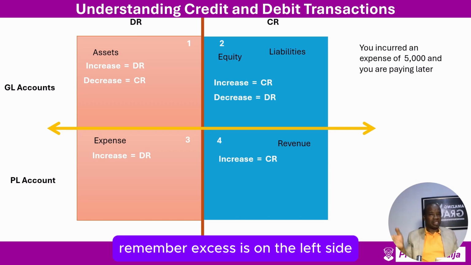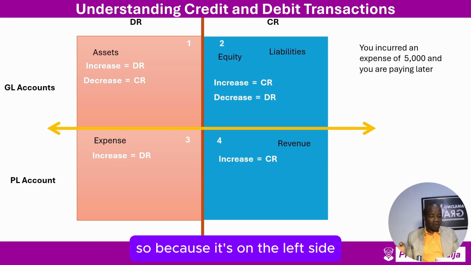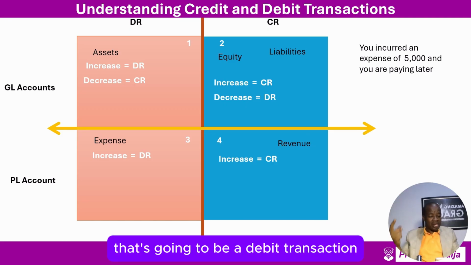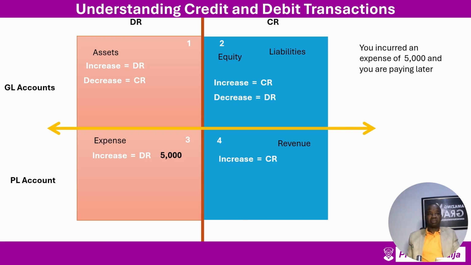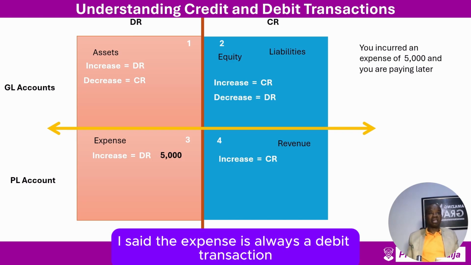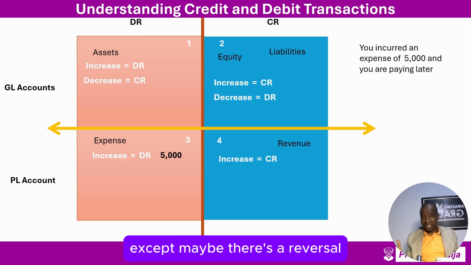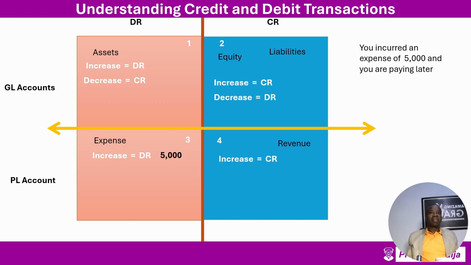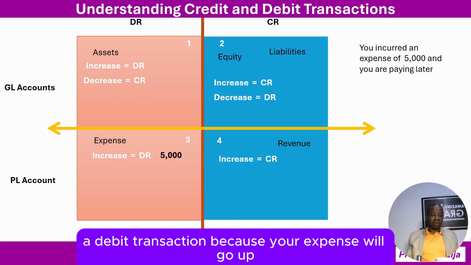Remember, expense is on the left side. Because it's on the left side and there's an increase, that's going to be a debit transaction. I said the expense is always a debit transaction, except maybe there's a reversal, but in most cases it's going to be a debit transaction because the expense will go up.